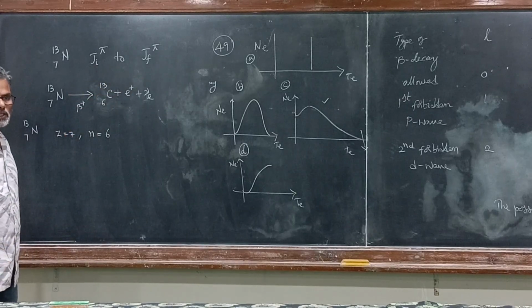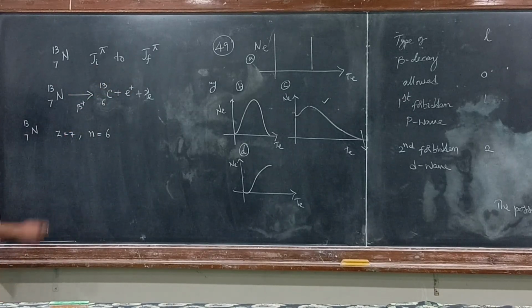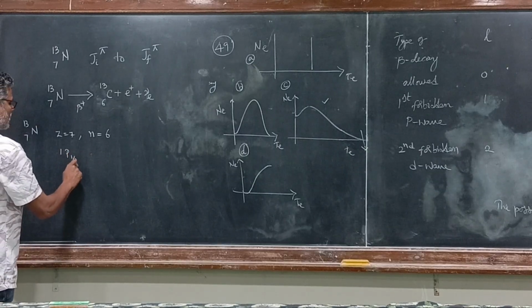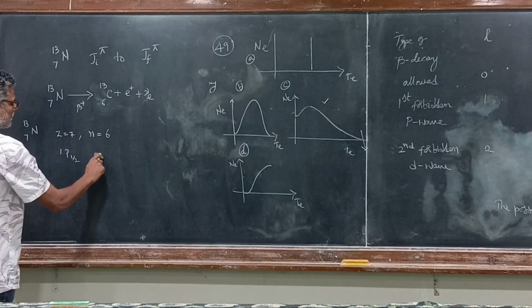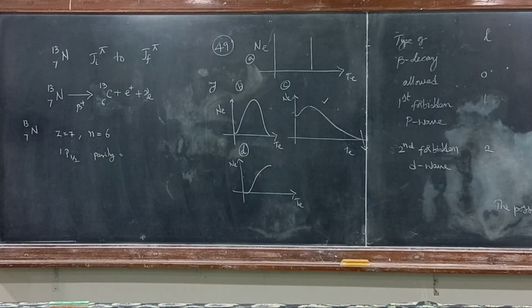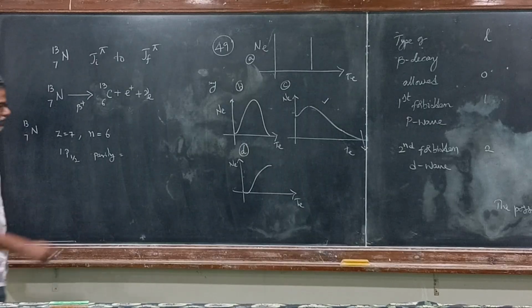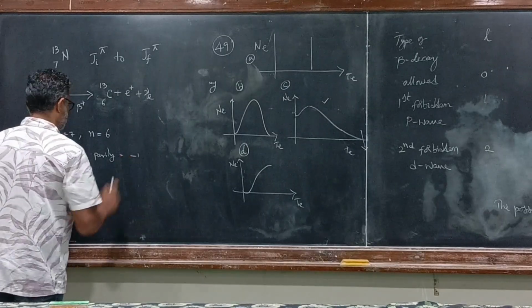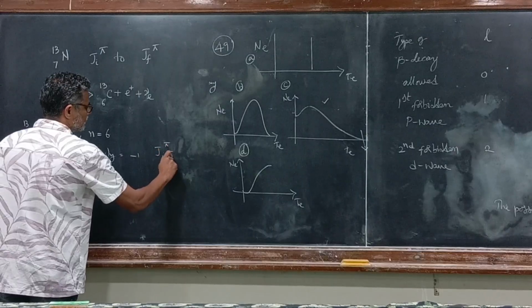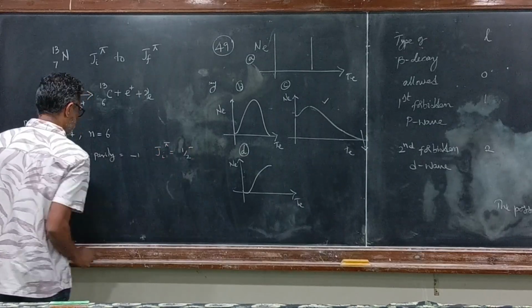The spin value of initial, the morning we discussed a lot. 1p up, very good. 1p up. And the parity? Odd parity. Is that minus 1? So that means the spin and parity Ji pi value is 1 by 2 minus.